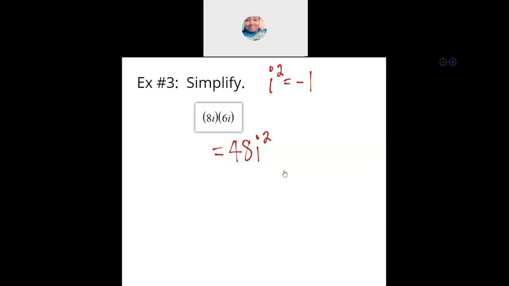So instead, I write it as 48 times negative 1, and 48 times negative 1 is negative 48. So negative 48 is my answer.